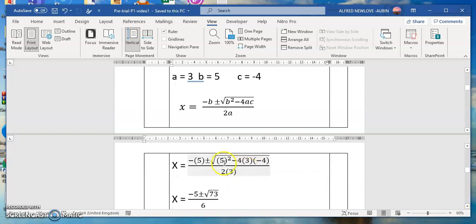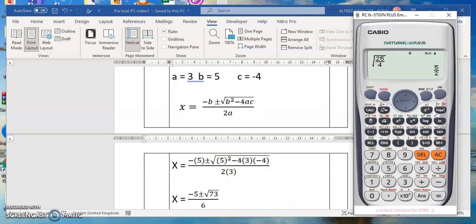Then you press on your calculator. Let's see how you're going to press on the calculator. Let me close this. First, this is a division, so you press this. Then this minus, you press the minus. Then our bracket, 5.